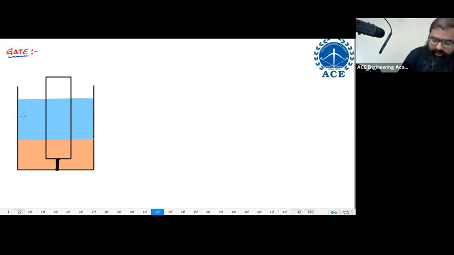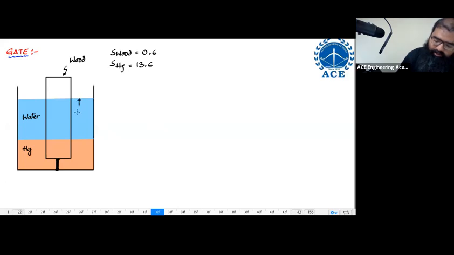Let us say this is water, this is mercury, and this over here is wood. S of wood is equal to 0.6. S of mercury is equal to 13.6.